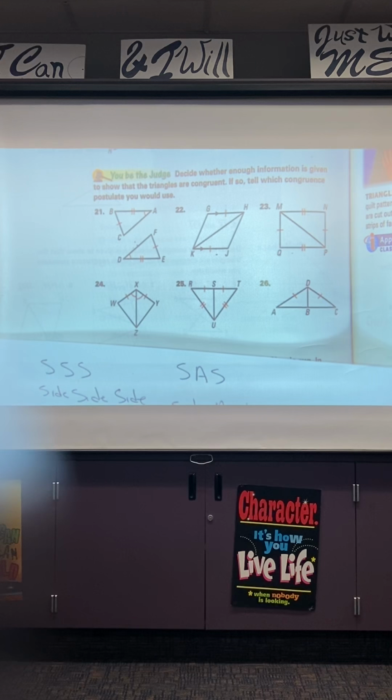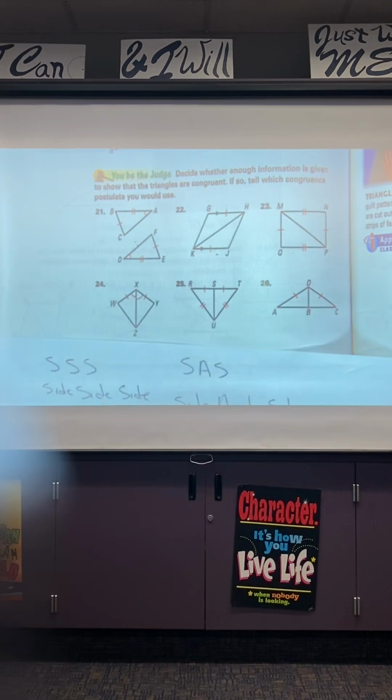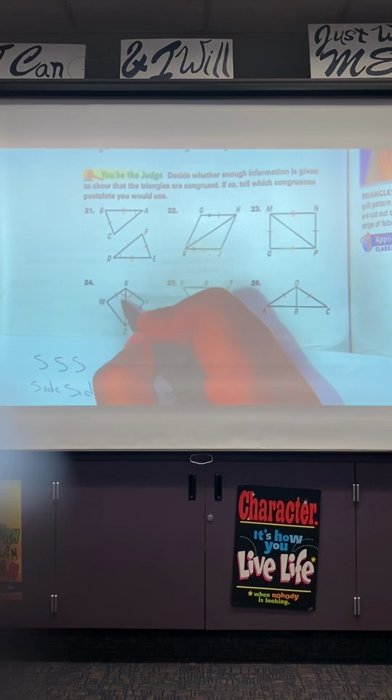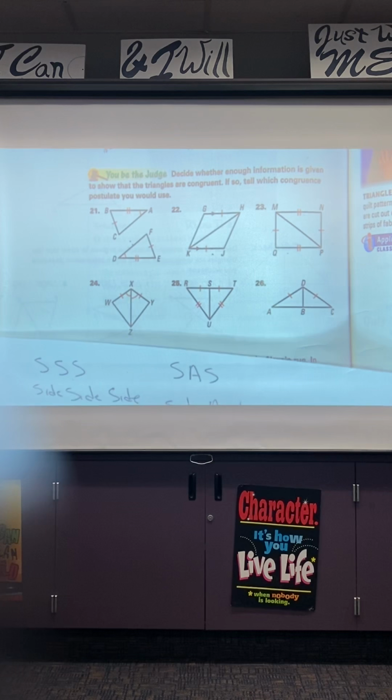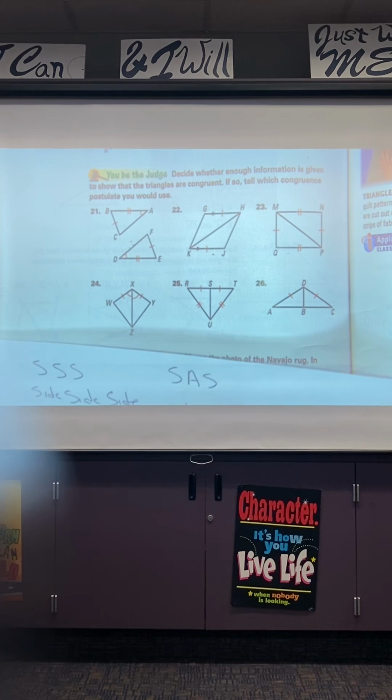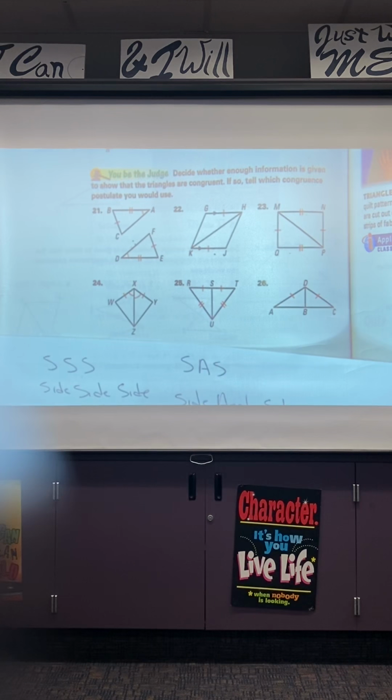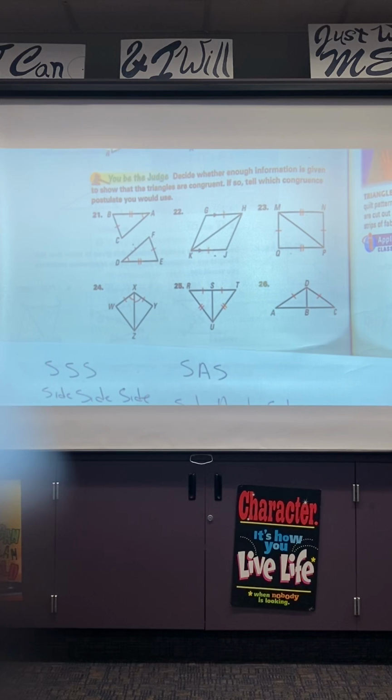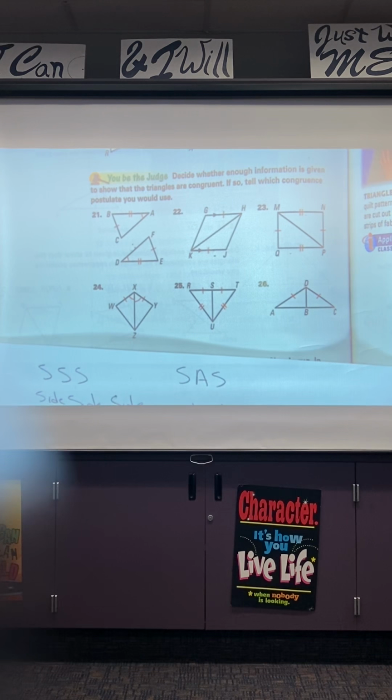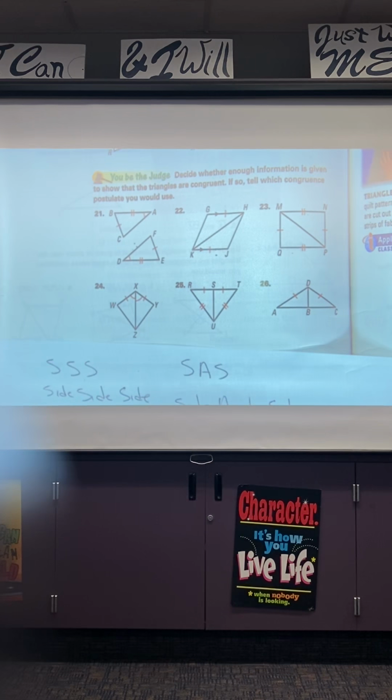So angle X is congruent to angle X. Angle X is also part of the two triangles. And we have this side right here, the segment in the middle, which is XZ, congruent to segment XZ. Therefore, we can determine using the side, angle, side postulate, those two triangles are also congruent.